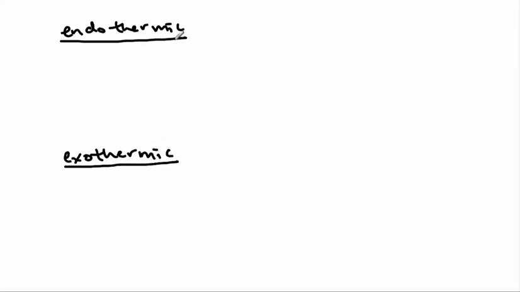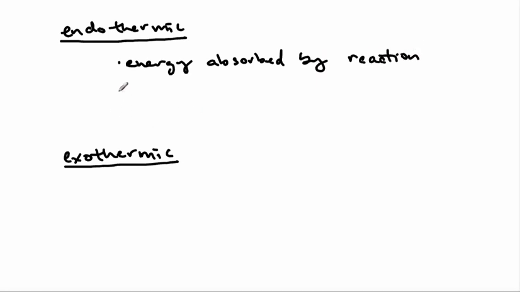For endothermic, just remember that that's a situation where you would have energy being put into a reaction. Okay, so energy is taken in or absorbed by the reaction. And as a result, the surroundings, which is everything else, become cooler.